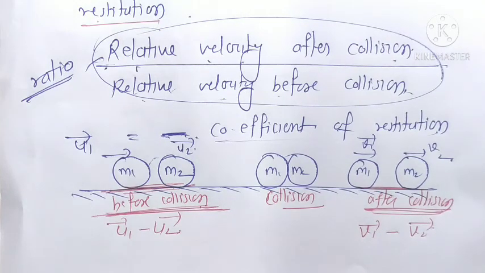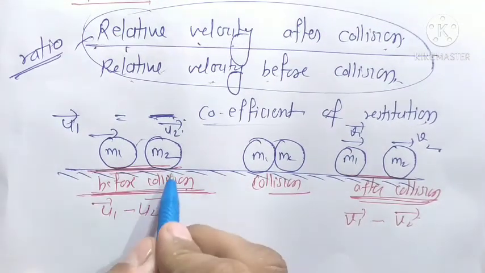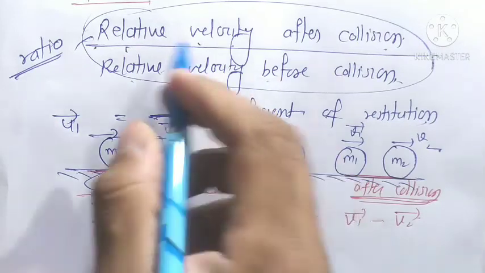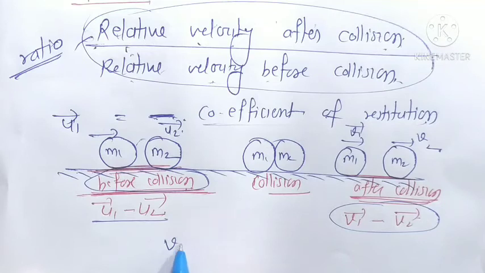This is the relative velocity before collision, u1 minus u2. The relative velocity after collision is v1 minus v2. We take only the magnitude value here.